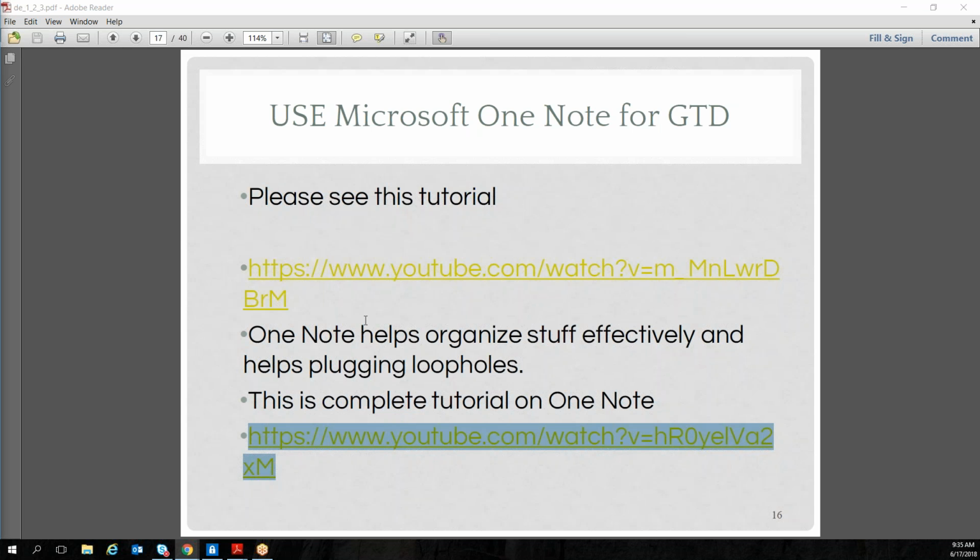How does OneNote help in plugging the loopholes? What have you understood from this tutorial? Anyone?